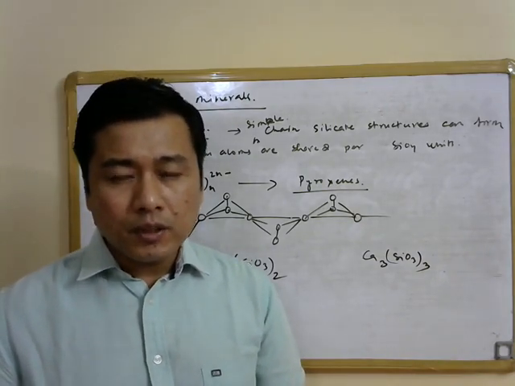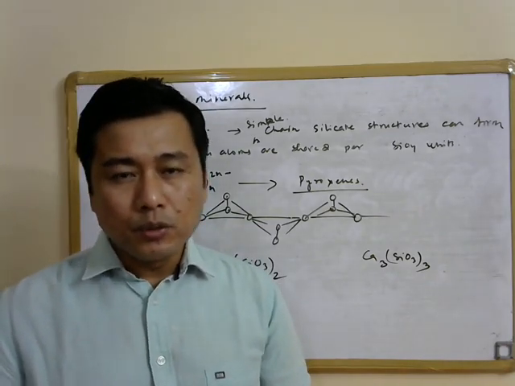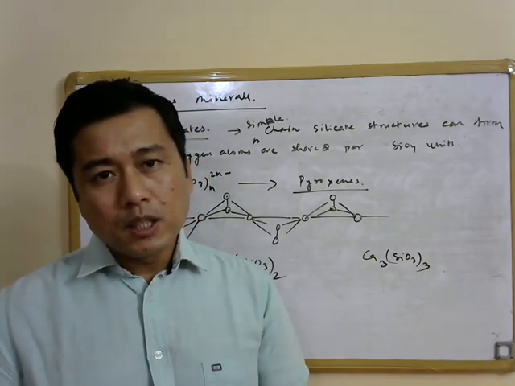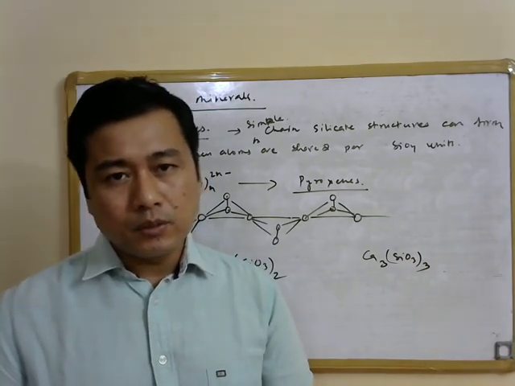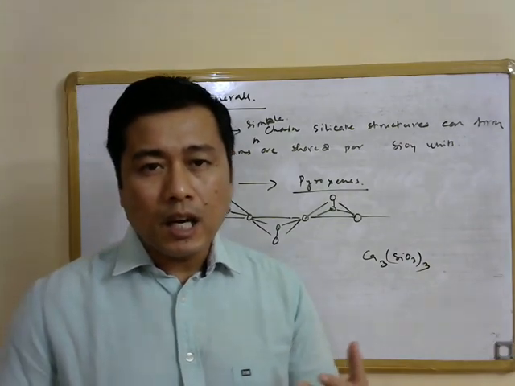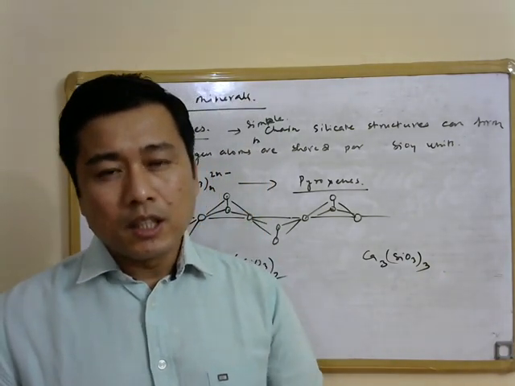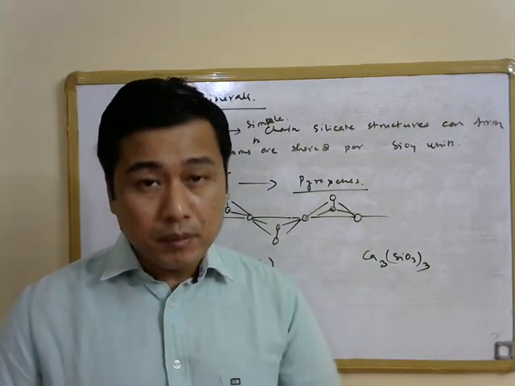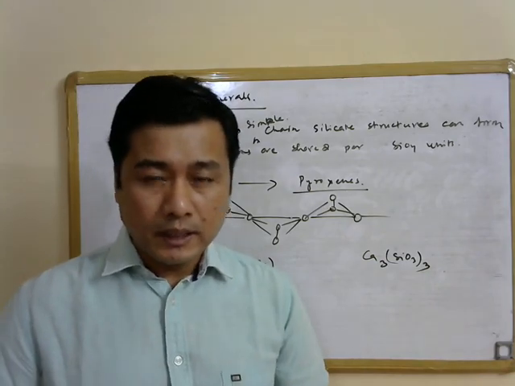What we have learned is that depending upon the arrangement of the SiO4 units in space, the structure of these chain silicates can be different, and depending upon after how many SiO4 units the repeating unit, essentially the SiO4 unit having the same arrangement, reappears, the structural types are going to be different.